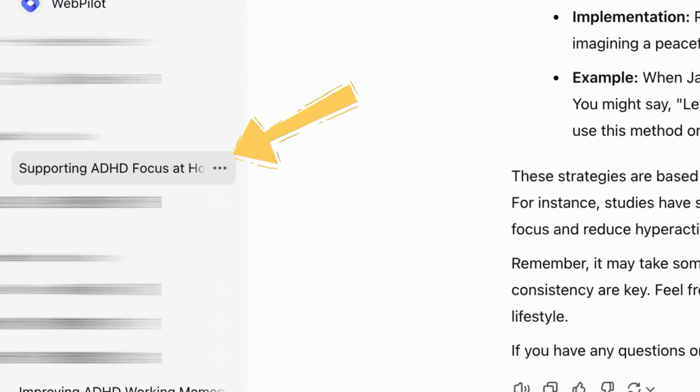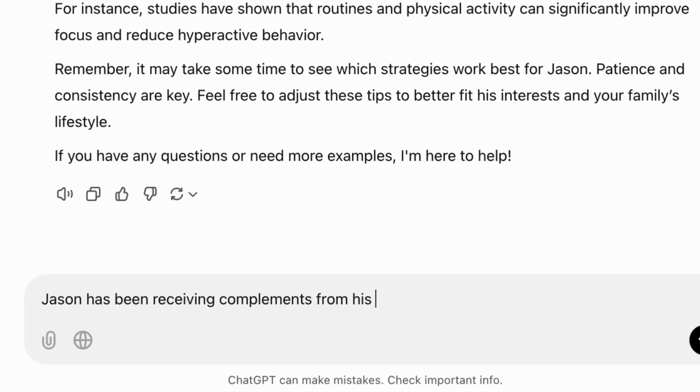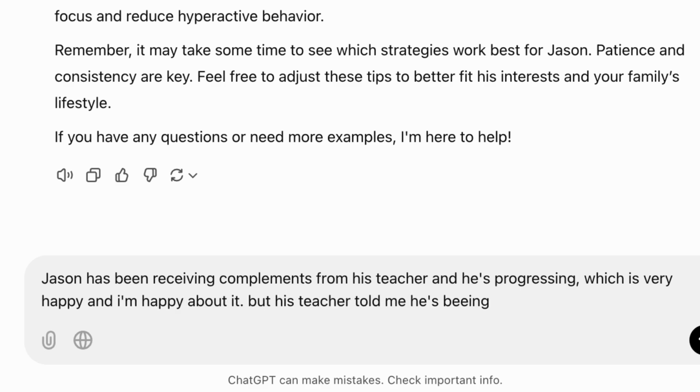Now, you think it's done, do you? No, it's actually not. One of the biggest things that ChatGPT can do is to gather information and do the analysis for you. So let's say, for example, I asked ChatGPT to generate a training plan for me, right? And after implementing this plan with Jason for a few weeks, I did hear some really good feedback from his teacher. And I was very happy too. But at the same time, his teacher also told me that he's been using some inappropriate language with his peers at school. So after talking to his teacher, I went back to the exact same GPT that I used to discuss my son's training plan and fed new information to it.